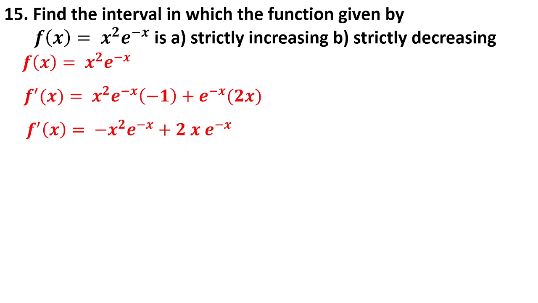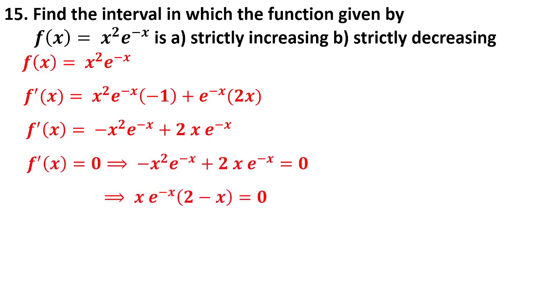When I want to equate it to 0, I will take something common. Which is common now? X into e power minus x is common. When I take it out, it becomes 2 minus x equal to 0. Now, whenever you are equating a product of three terms to 0, either all of them are 0 or only some of them are 0. Here, e power minus x cannot be 0. Therefore, x is 0 and 2 minus x is 0.